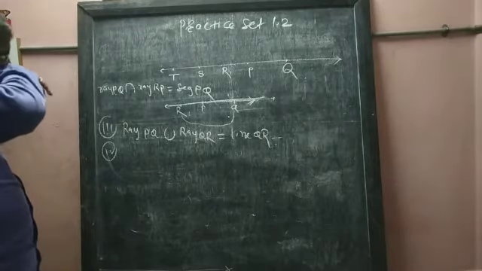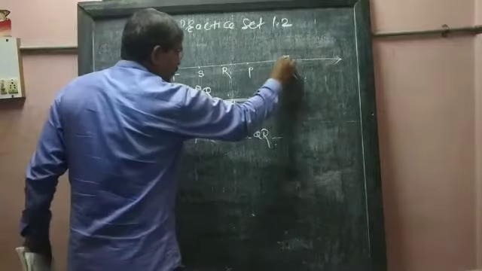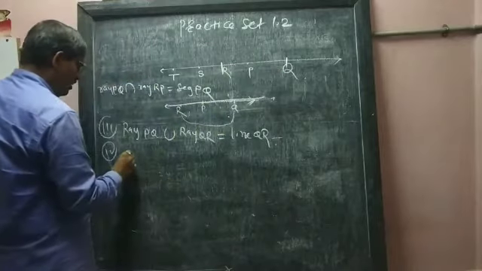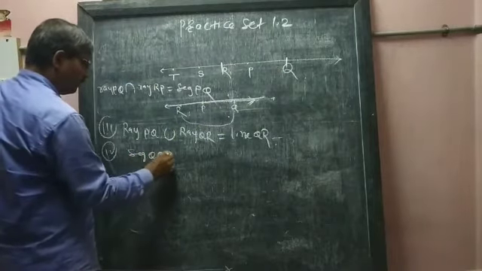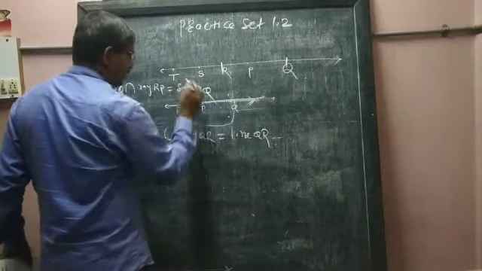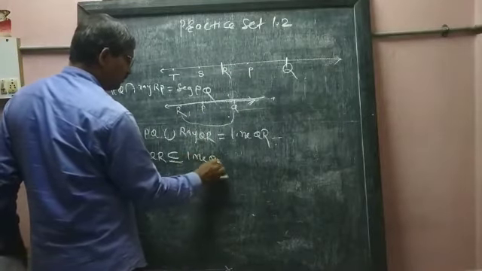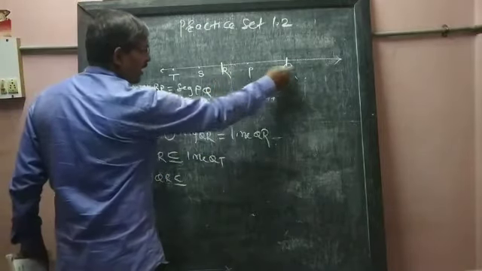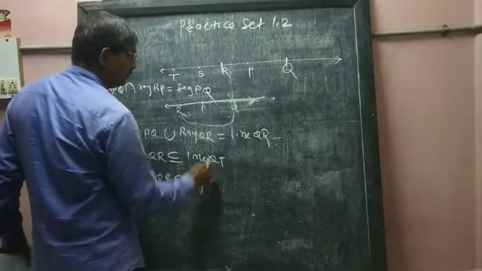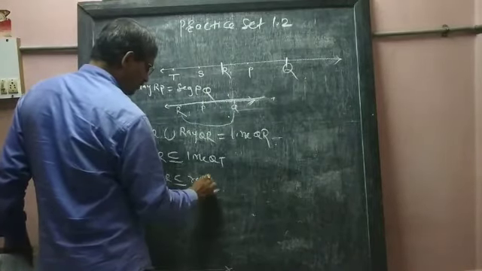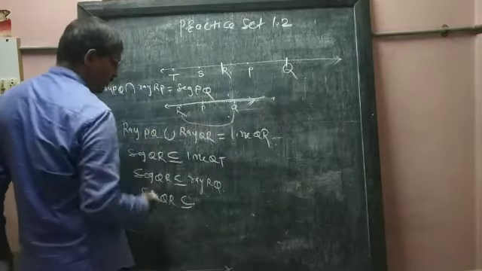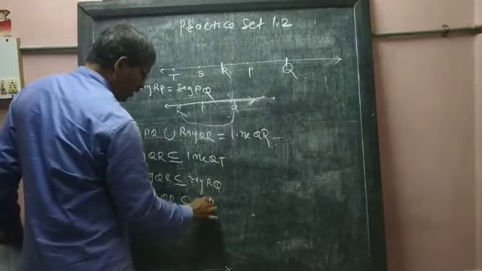Now question number 4 is given: state the rays of which segment QR is a subset. Segment QR is a subset of line QP. Segment QR is a subset of ray RQ. Segment QR is a subset of ray QS or ray QR.